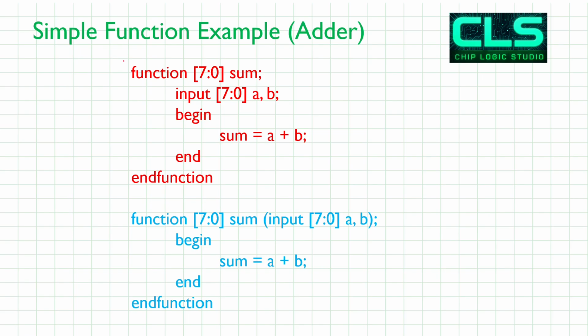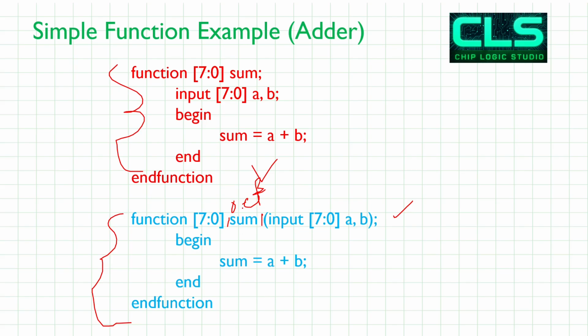Now here is the same example as the previous one, and you can also write it with a port list. If you mention the ref keyword here, then you get pass by reference, and otherwise pass by value. I have created videos for this one, so you can watch that.